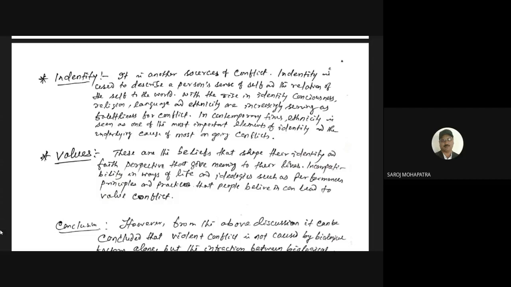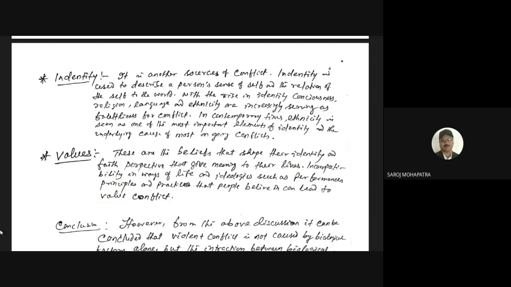Then values are also sources of conflict. These are the beliefs that serve their identity and a faith perspective that gives meaning to their lives.